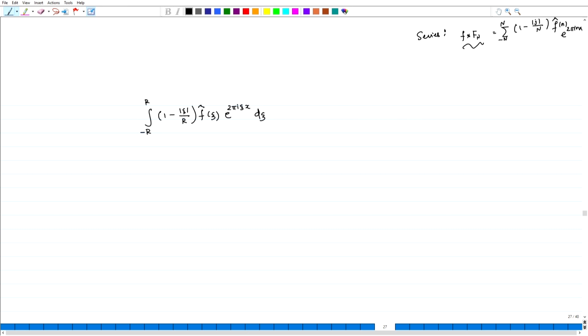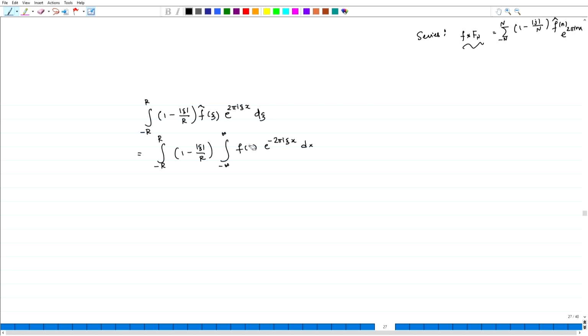So, we compute this integral, the integral of f of x e to the power minus 2 pi i xi x dx.